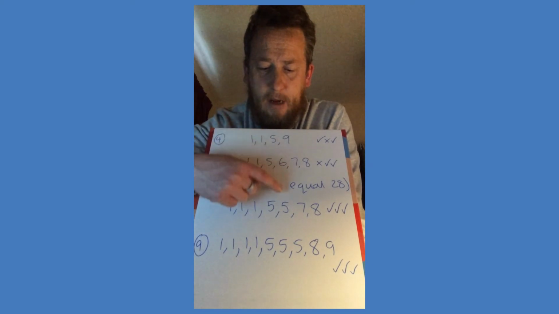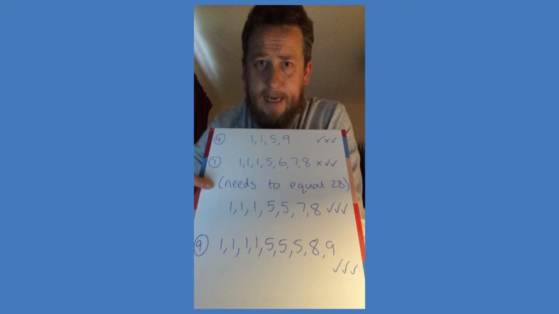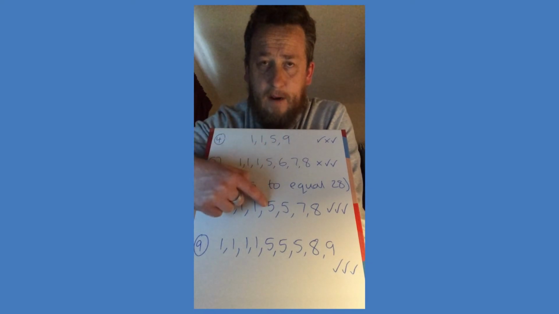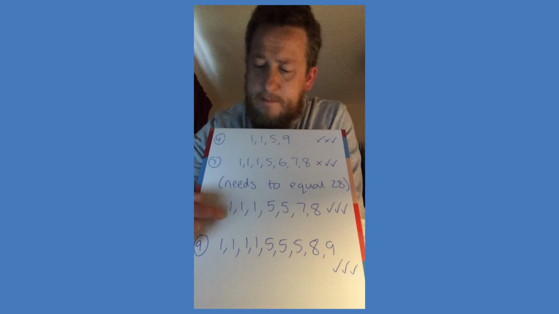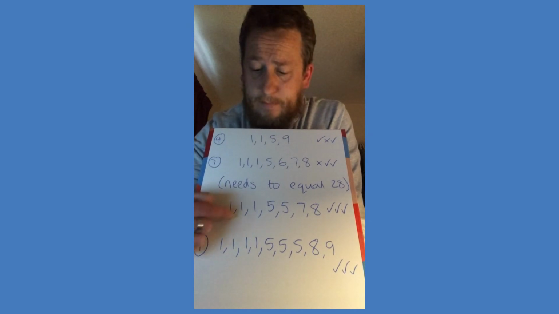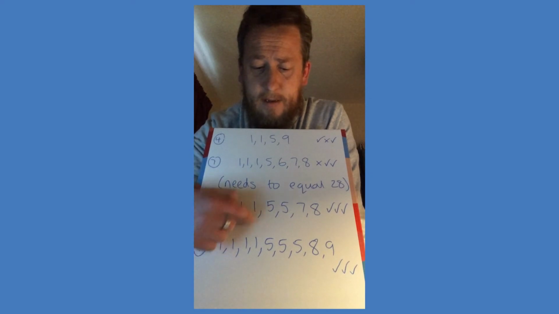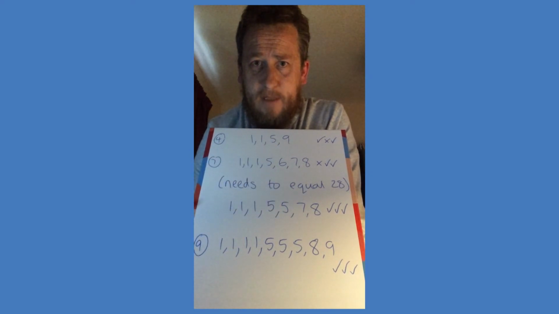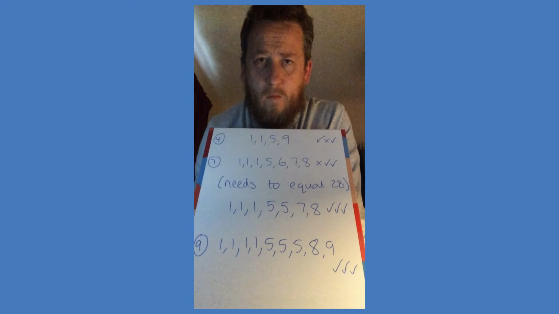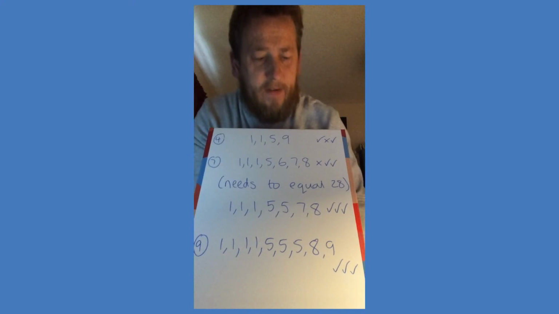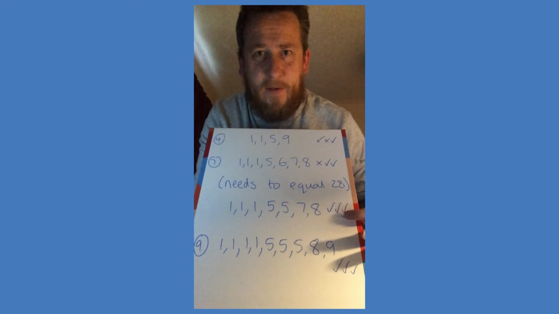So that meant that the total would now be 28. Okay, the middle number is still 5, and the mode is still 1, because there are 3 1s and there are 2 5s. So for the first time I was able to give myself 3 ticks.